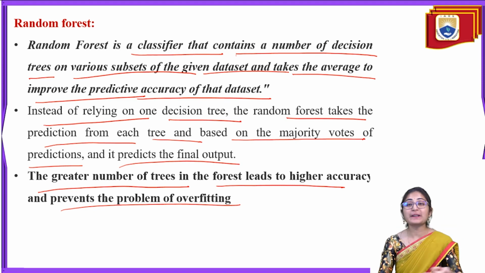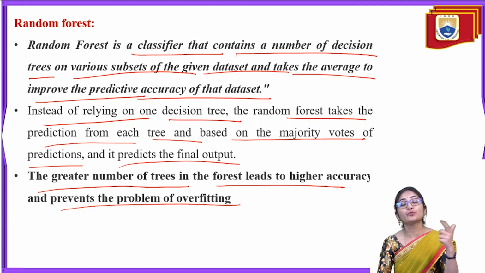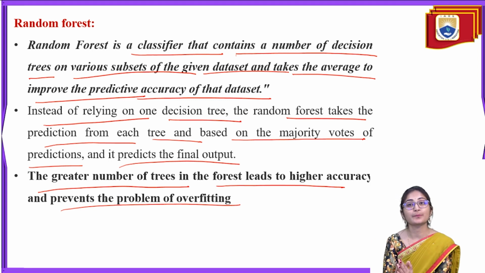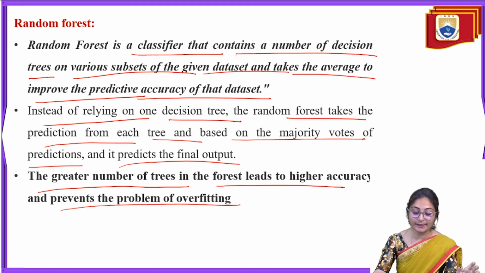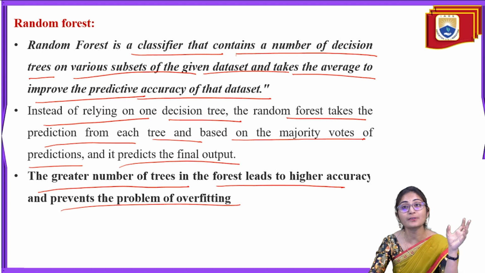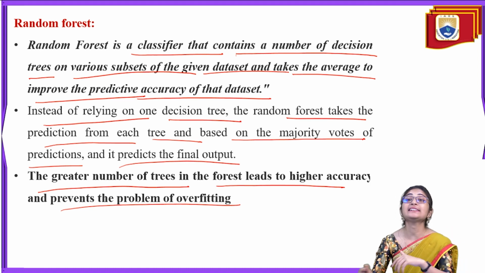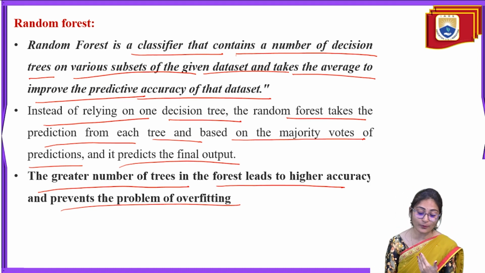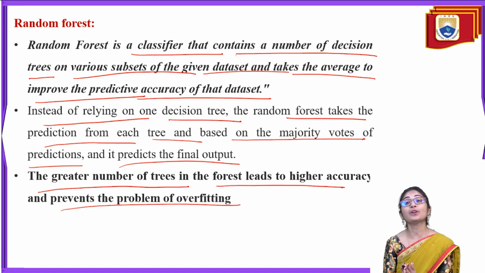And after predictions from every tree, we are getting the final output. So definitely that final output is very important for the random forest. And if you use a large number of trees in the forest, then definitely it can improve the accuracy of the data. It can avoid the problem of overfitting.